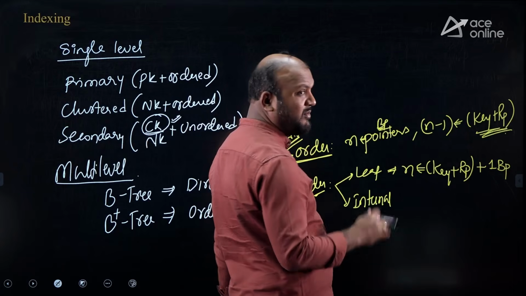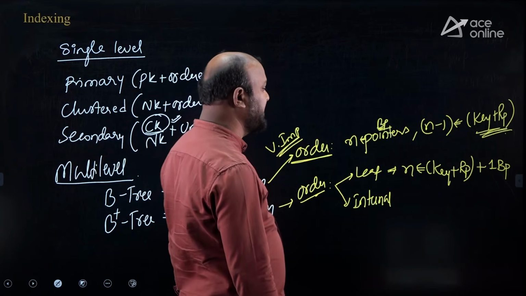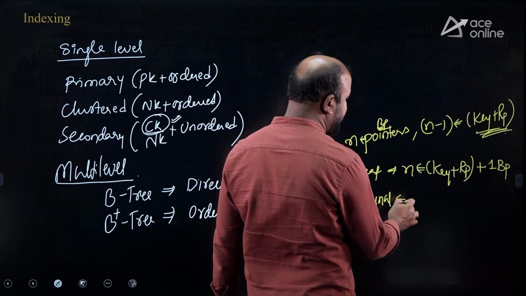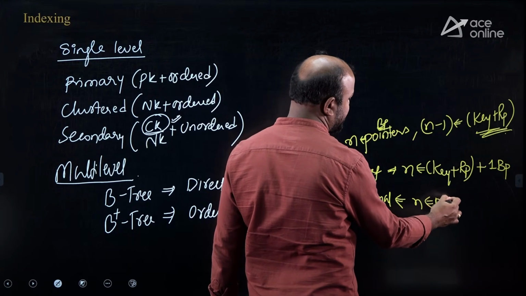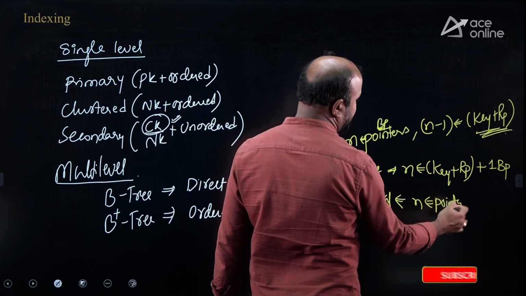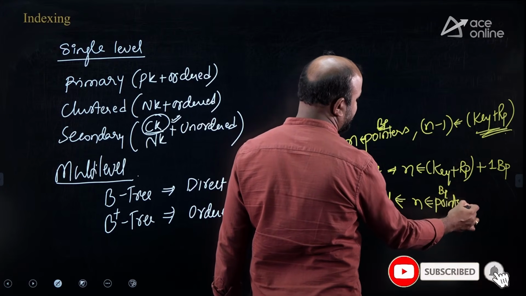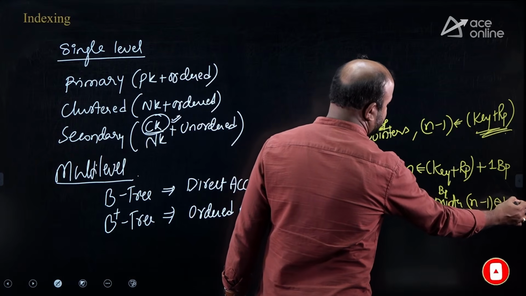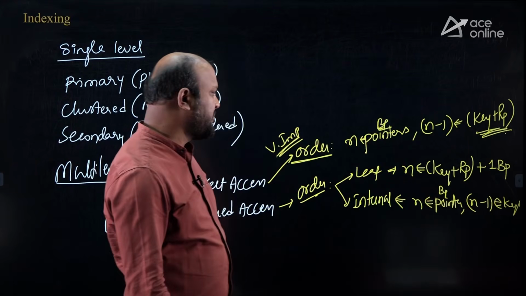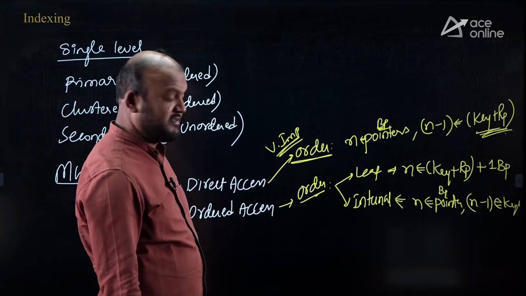That's it. 1 block pointer to point to the next node in the leaf level. When it comes to the internal node, n block pointers and n minus 1 keys.